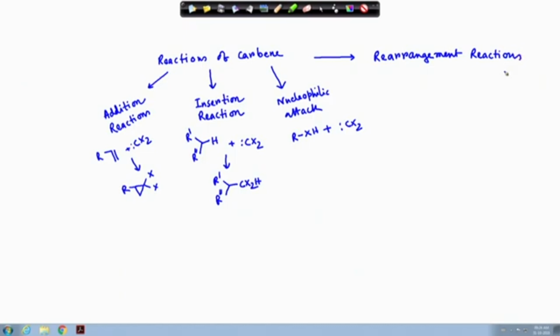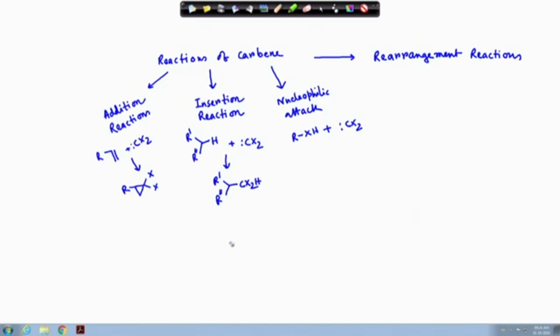If there are certain substrates with no beta hydrogens, I mean the carbene that is generated has no beta hydrogens, then various types of reactions are possible. As per example, CH insertion reactions are possible, as well as rearrangement reactions.